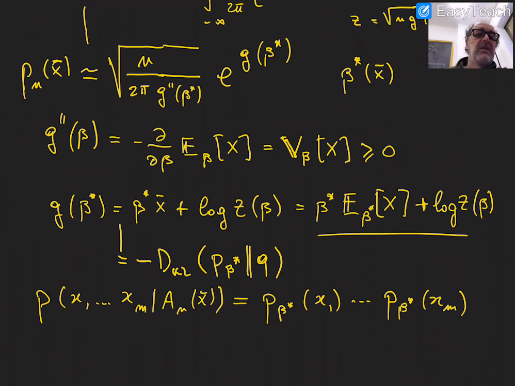So this tells you that the large deviation is realized as a draw from independent and identically distributed random variables which take values x1, ..., xm.